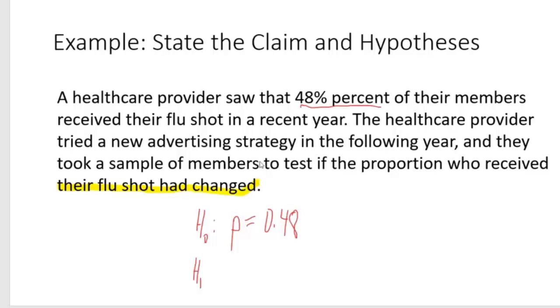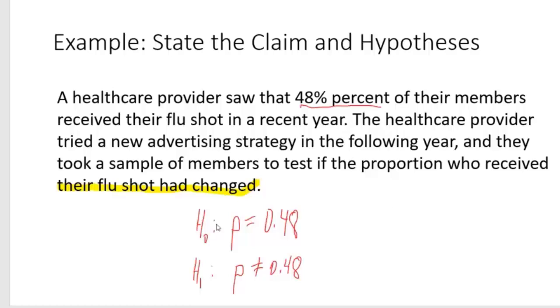Change doesn't mean it went up or it went down. It only means it's not the same. So what we need to test is that it's no longer the same thing it was. And those would be our two hypotheses. Now, what is the claim? The claim has to do with what they're wanting to test.